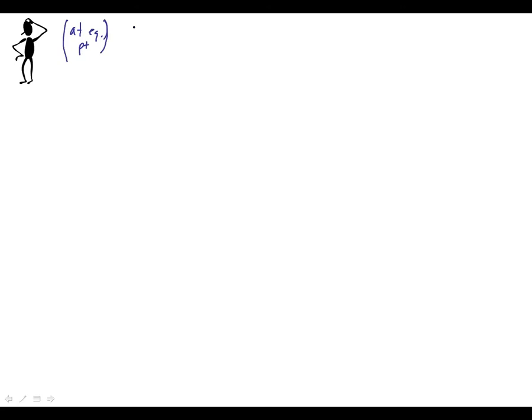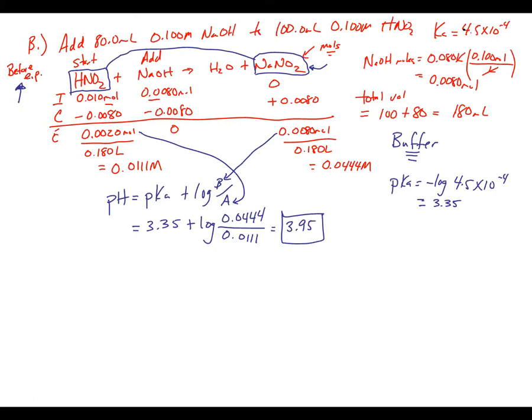So in this case, we're going to have 100 milliliters of our 0.1 molar nitrous acid, and we're adding 0.1 molar sodium hydroxide to it. Again, same Ka value, which is 4.5 times 10 to the minus 4.